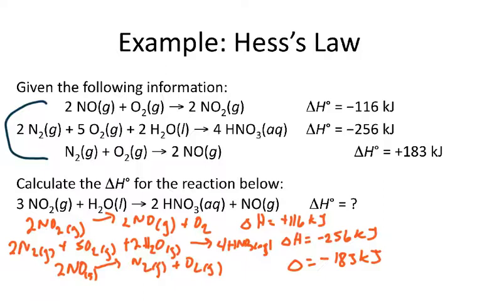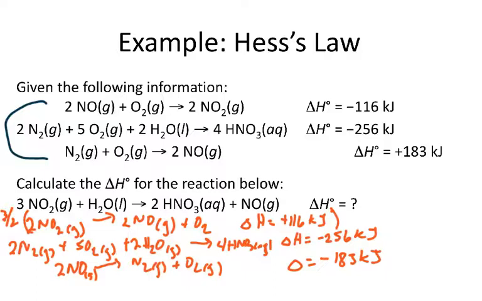Okay, so now I need 3 NO2, and I only have 2, so I am going to multiply this reaction by 3/2 to get my 3. So I'm multiplying all of this by 3/2.